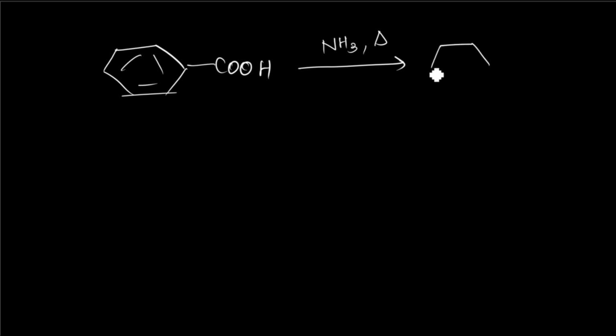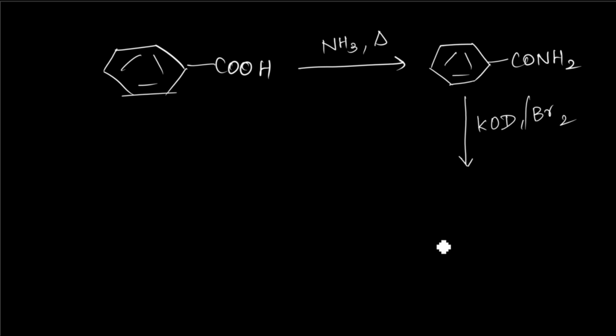So let me take benzoic acid. X, I'm finding it out. NH3 with heat, right? So NH3 and heat will form an amide, isn't it? CO, NH2. Then as the next step, I'm having KOD, Br2.